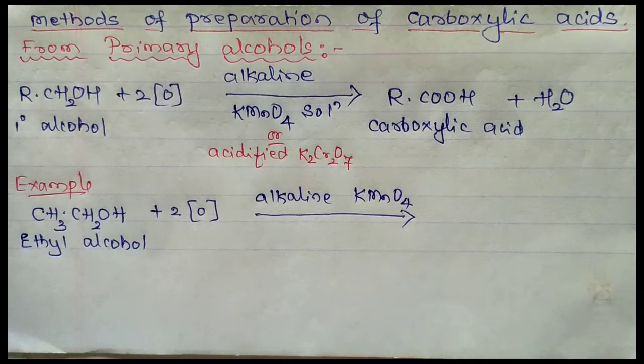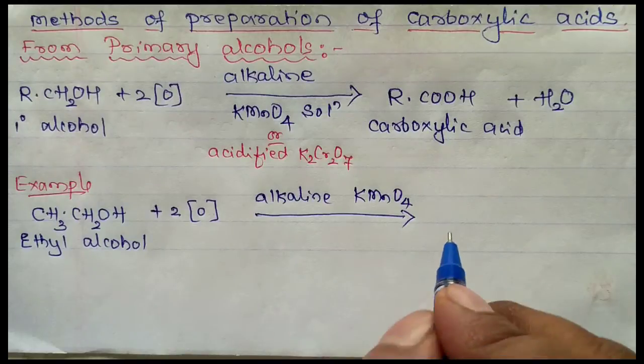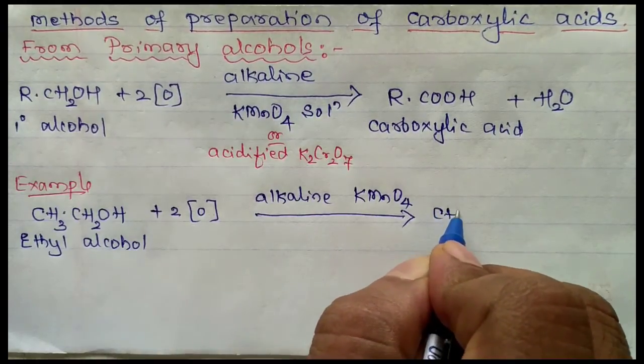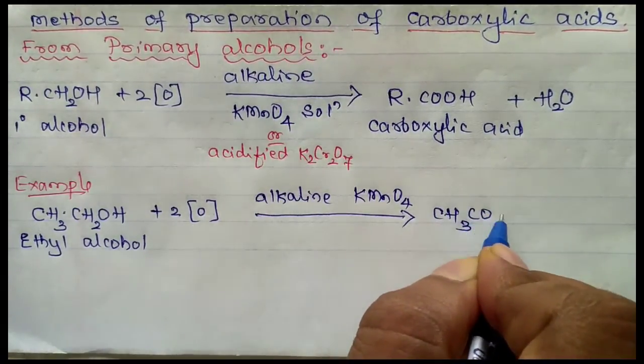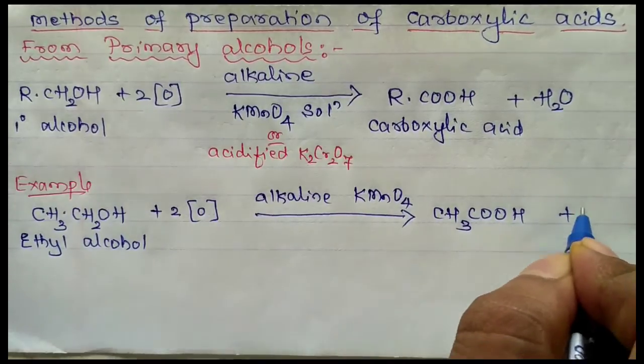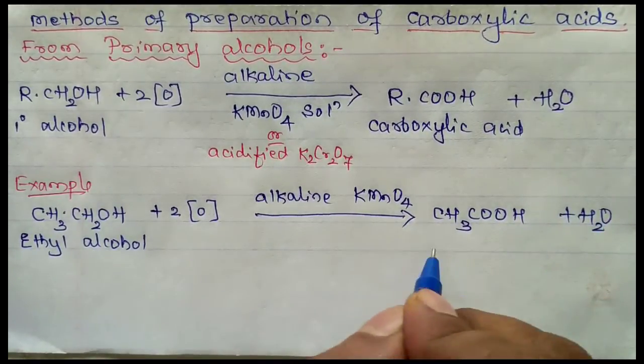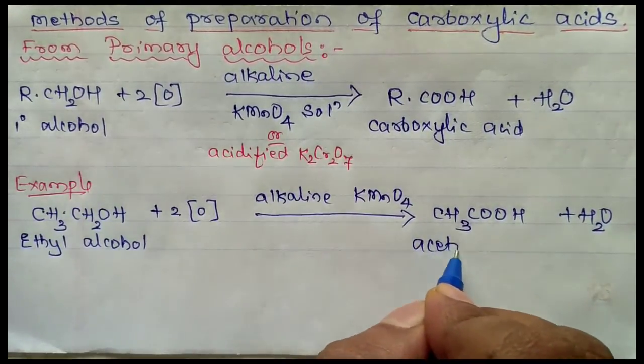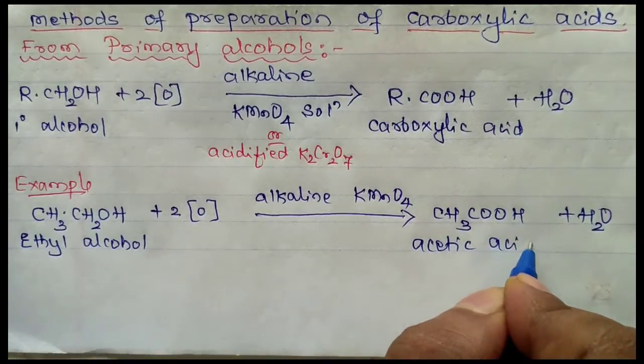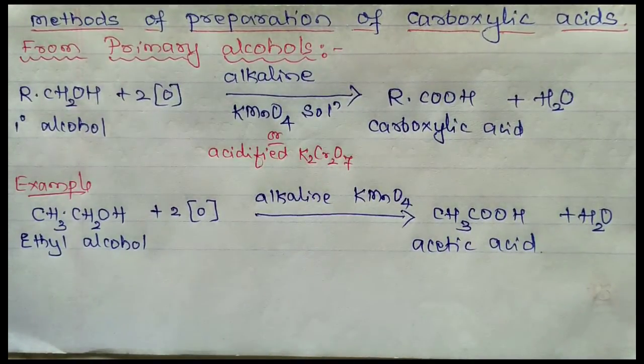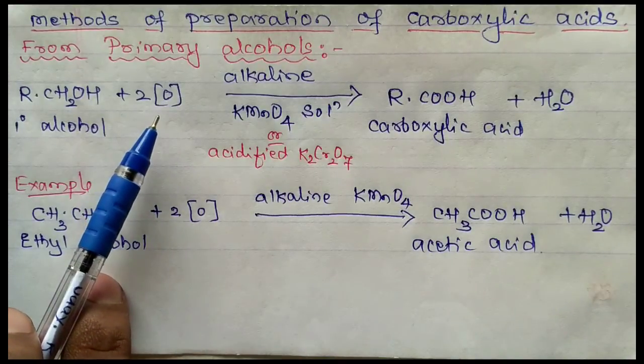Oxidation takes place. It undergoes oxidation and acetic acid is formed, CH3COOH plus a molecule of water, acetic acid. This is the preparation of carboxylic acids starting from primary alcohol.